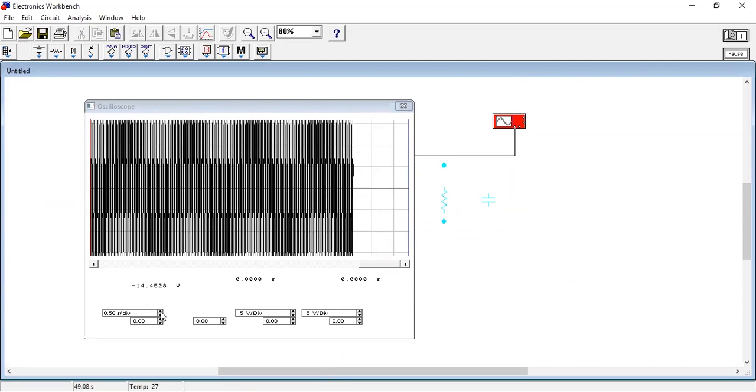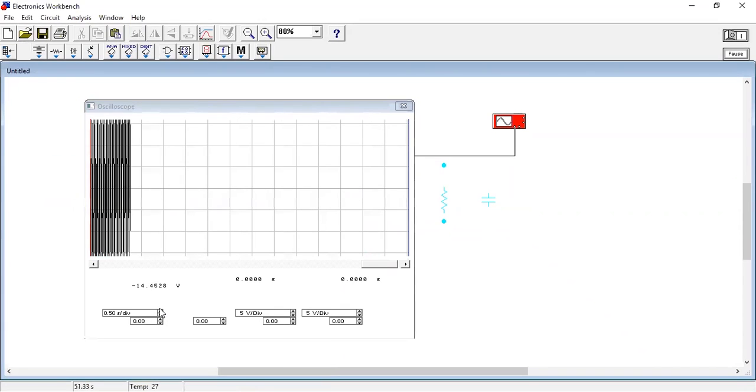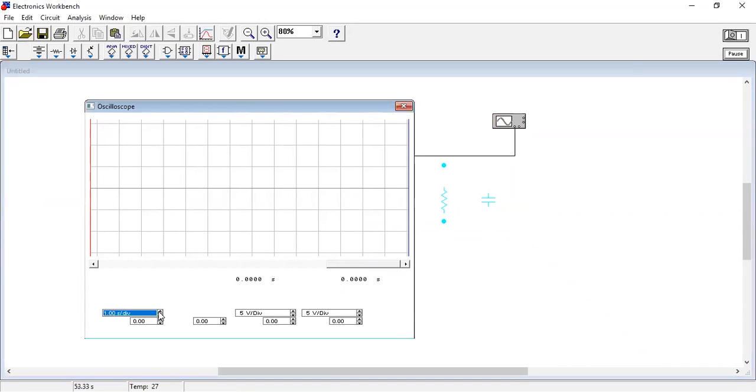The x-axis should be the time value and the y-axis should be the voltage value.